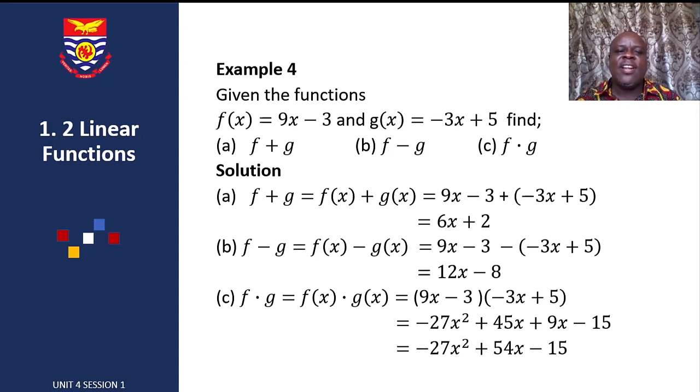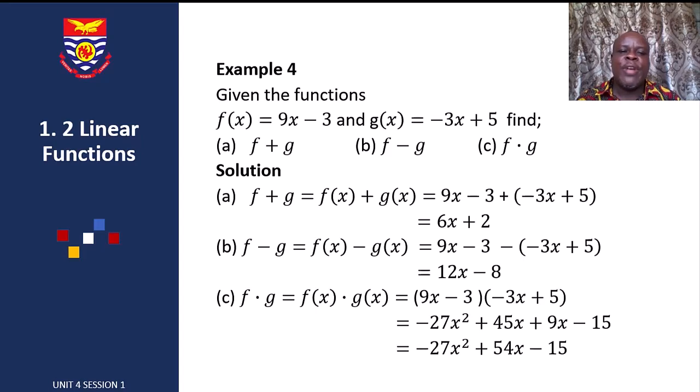Given the functions f of x is equal to 9x minus 3 and g of x is equal to negative 3x plus 5. Find a, f plus g, b, f minus g, c, f times g.